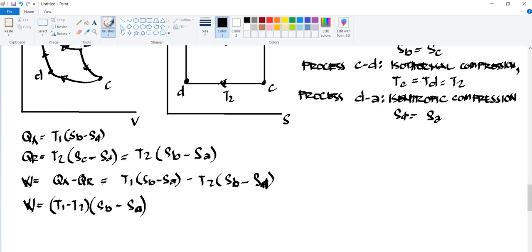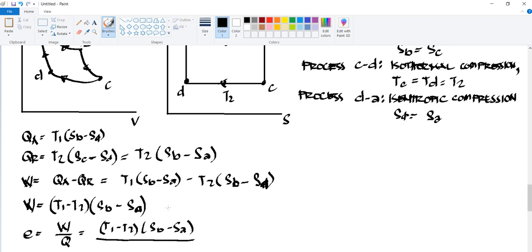Now for the efficiency, that will be the work divided by the total heat, or Q, no? So we can say that our work is equal to T1 minus your T2 multiplied by the entropy at point B minus the entropy at point A, then divided by the heat.